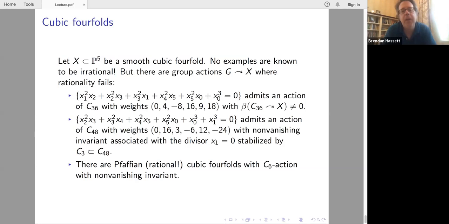So these examples are a little bit frustrating because you could say, well, maybe they're not rational at all. But there are, in fact, Pfaffian cubic fourfolds, given by the Pfaffian matrix I showed you before, which are necessarily rational, but have an action of a cyclic group of order 6 with non-vanishing invariant. So there are geometrically rational cubic fourfolds with cyclic group actions that are not conjugate to the standard diagonalizable actions on projective space.